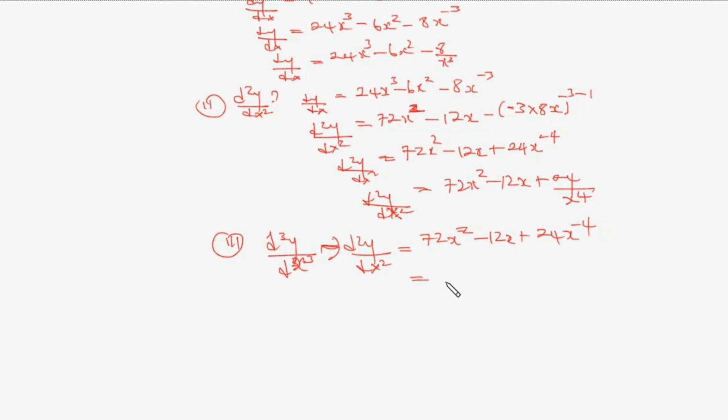Differentiating this becomes 144x minus 12, and this becomes minus 96x raised to the power minus 5. Rearranging this again, 144x minus 12 minus 96 over x raised to the power 5. So this is our third derivative for this question.